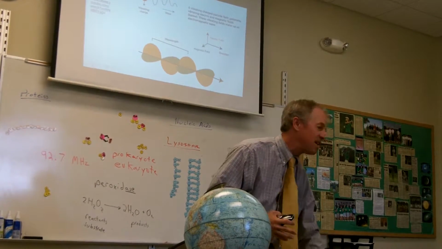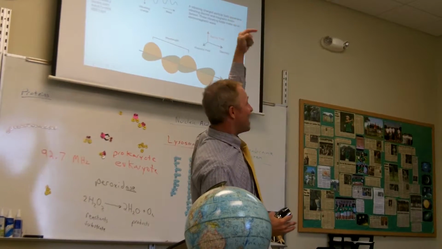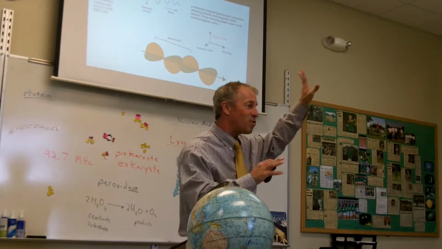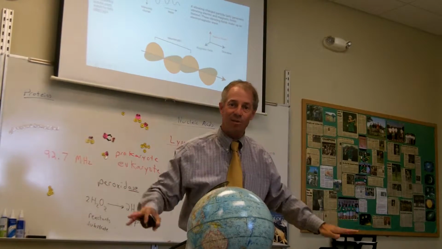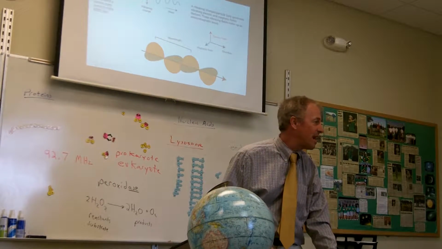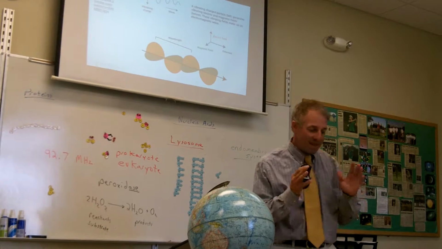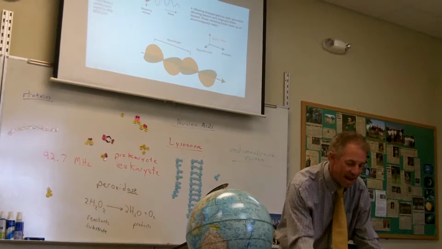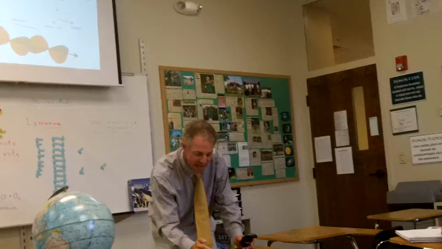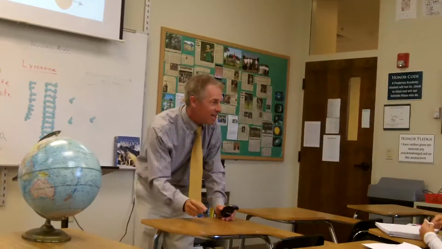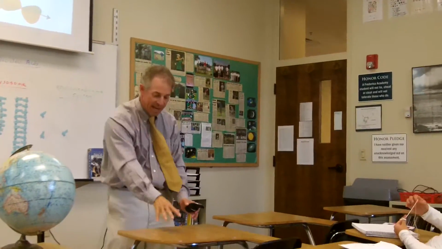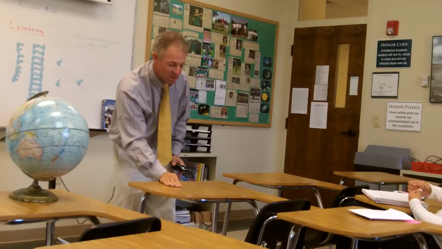The only reason I'm seeing this desk is because the light is bouncing off of it and hitting my eye. But if the lights weren't on and there was no light in the room, I wouldn't be able to see the desk, right? But the desk is giving off radiation because this desk is made of molecules and the molecules are vibrating. So there are waves coming out of this desk from its slowly vibrating molecules.